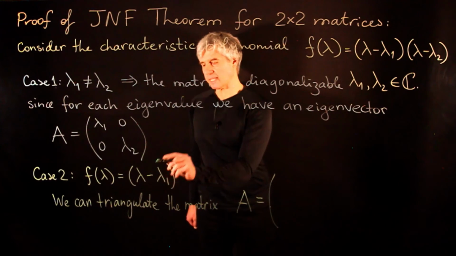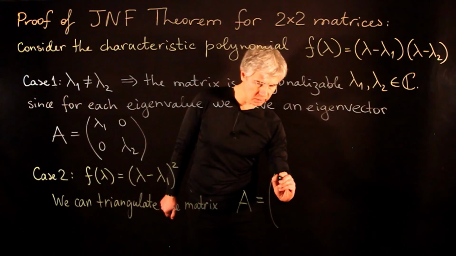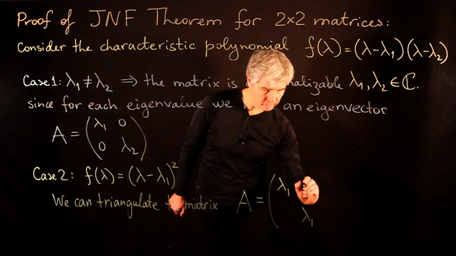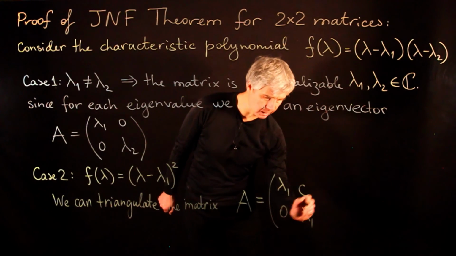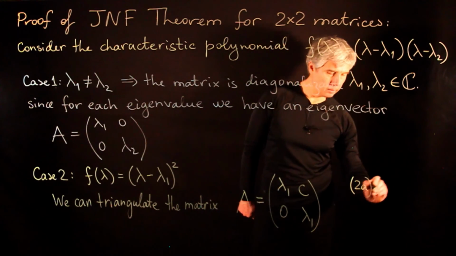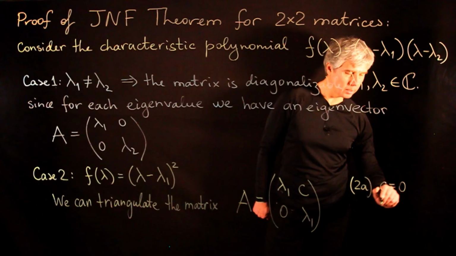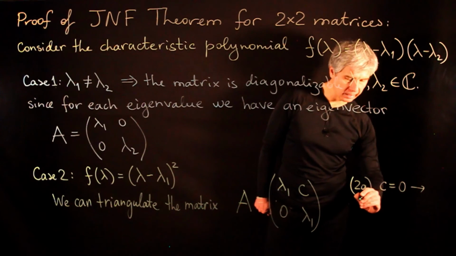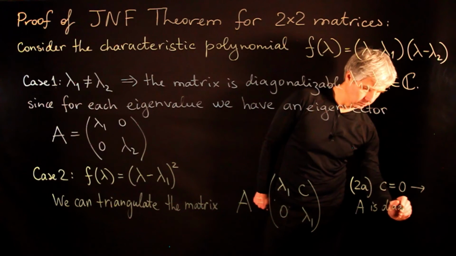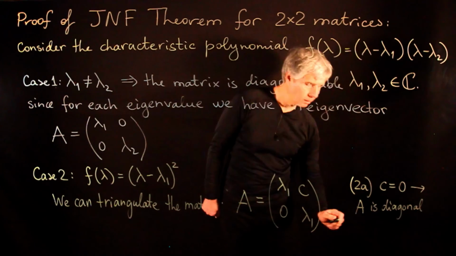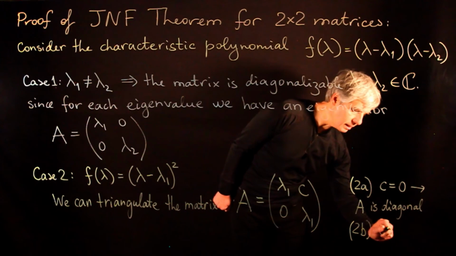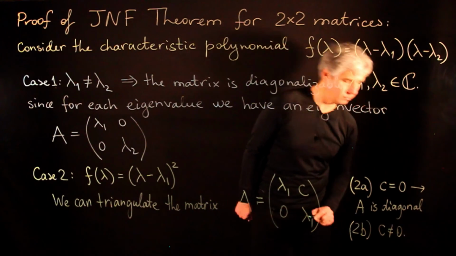Well, we know that we must have two lambda 1s on the diagonal. So lambda 1, and above the diagonal we will have some scalar c. In case 2a, so if c is equal to 0, then we get that A is diagonal. Let us consider the remaining case 2b, when c is not equal to 0.